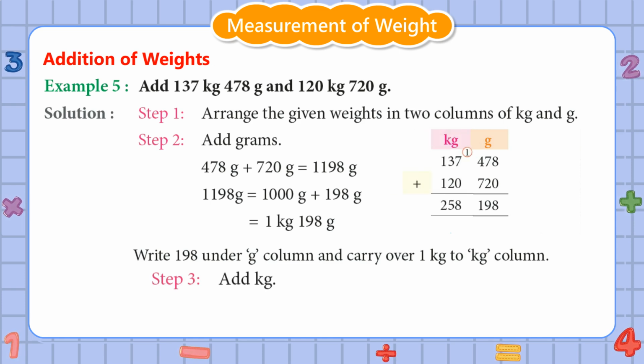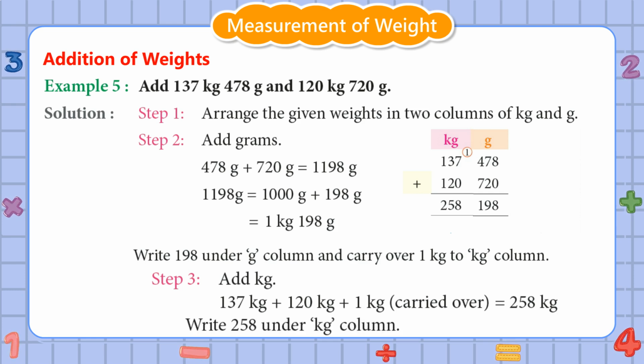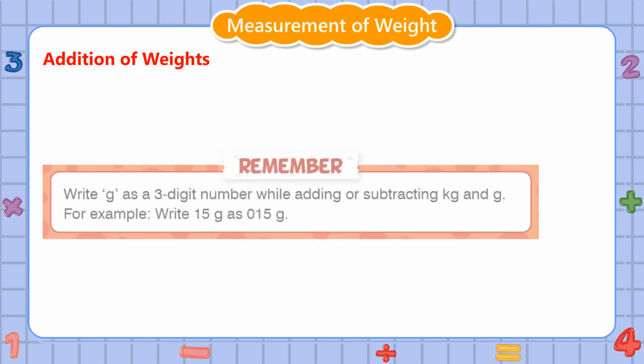Add kilograms. 137 kilograms plus 120 kilograms plus 1 kilogram carried over is equal to 258 kilograms. Write 258 under kilogram column. Answer: 258 kilograms, 198 grams.